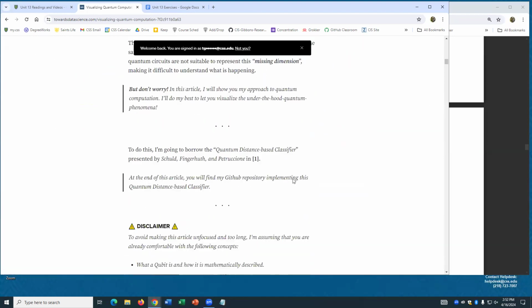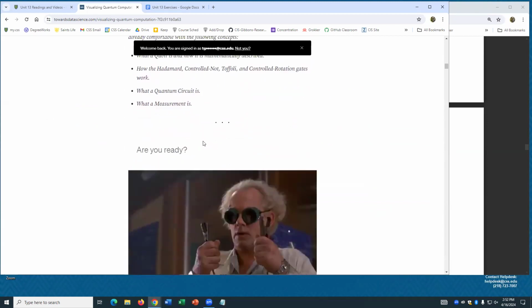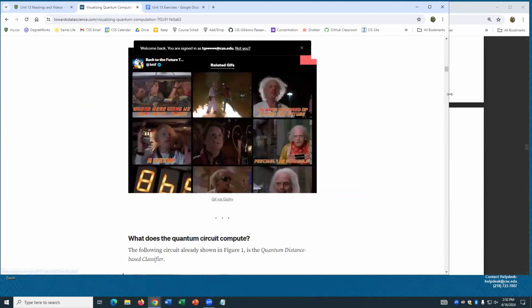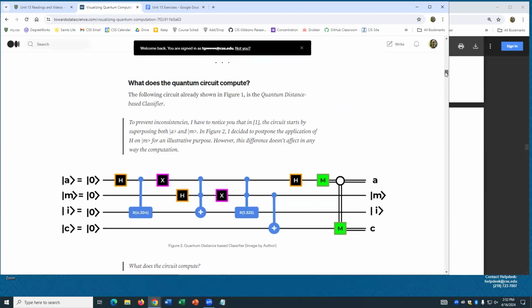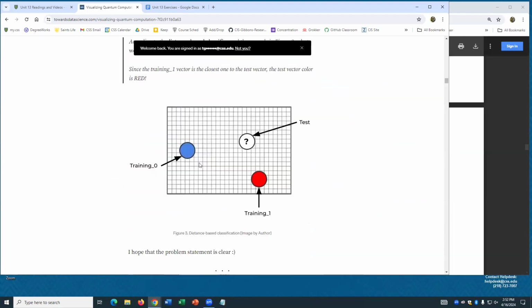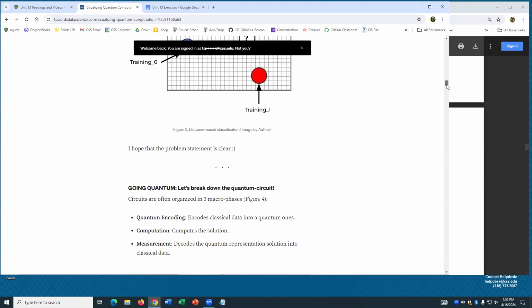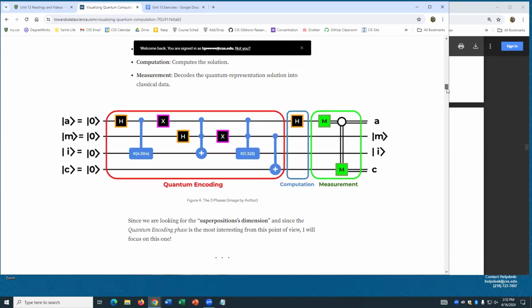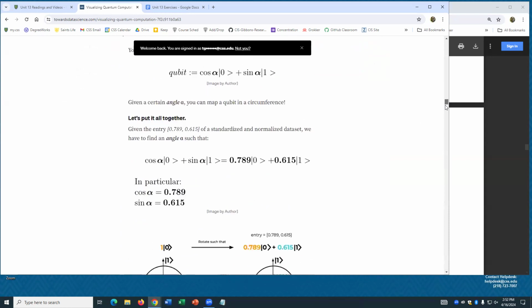Again, this talks about qubits and setting these qubits up, and tries to introduce this whole idea of multiple dimensions and how you can try to visualize this. Then it breaks this down into these programs: we do some quantum encoding, we do some computation, and then we do some measurements. This is how we break these things down a lot.